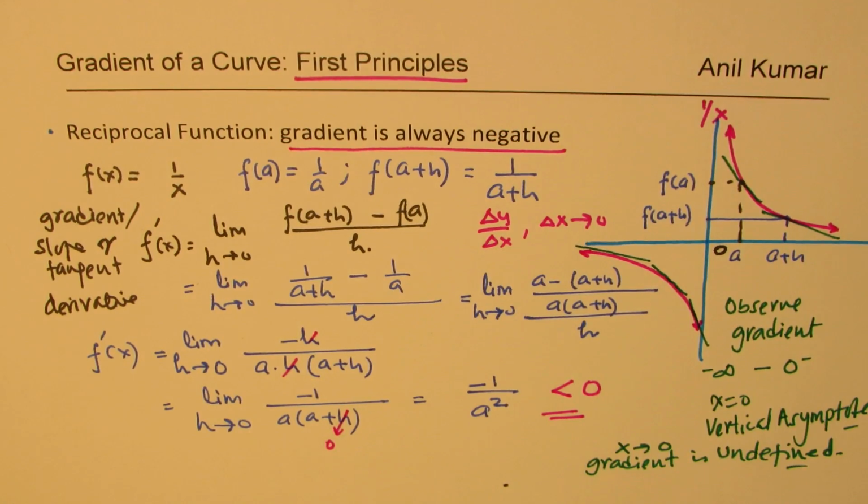I hope you enjoyed this set of examples in the video, where we have taken all types of functions. And we could actually twist these things in a very different way.